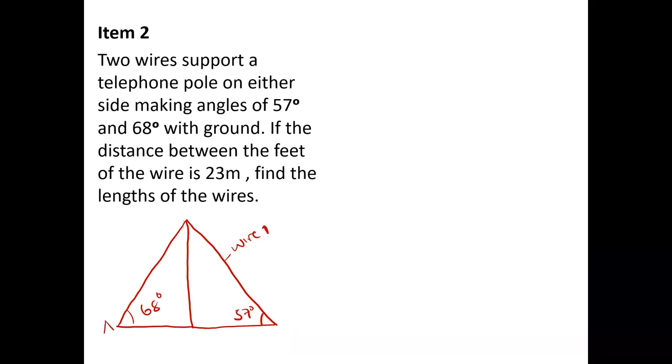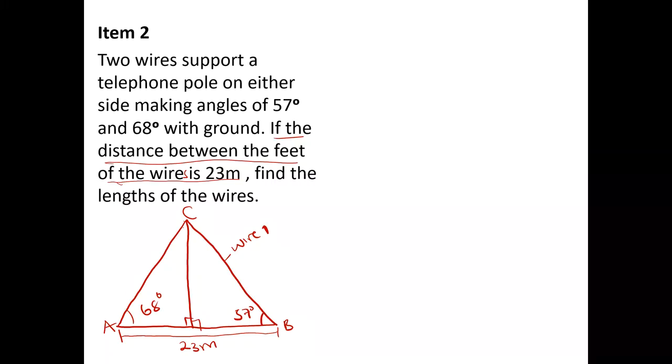Assume here I call A, here I have B, then we also have here C. For more information, they're saying that the distance between the feet of the two wires is 23 meters.